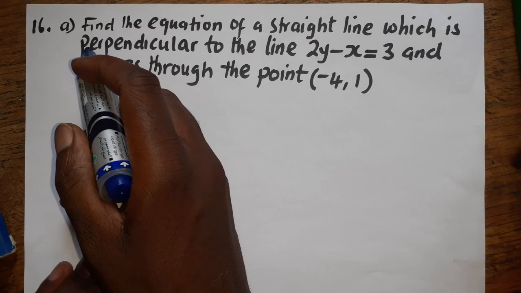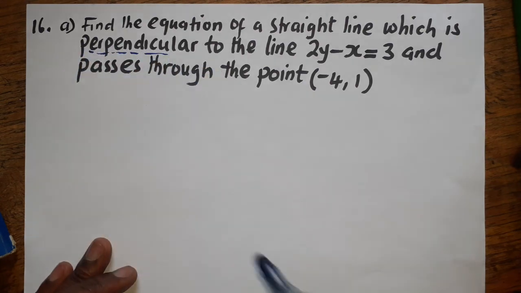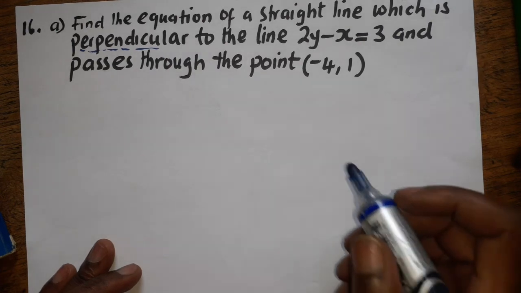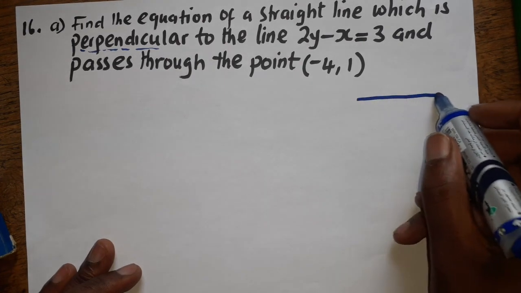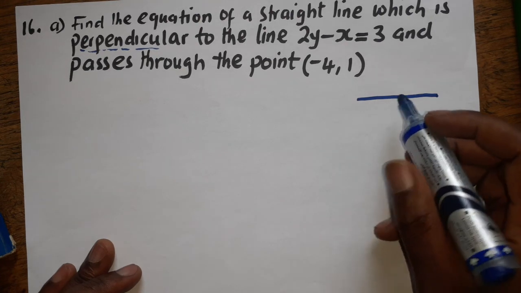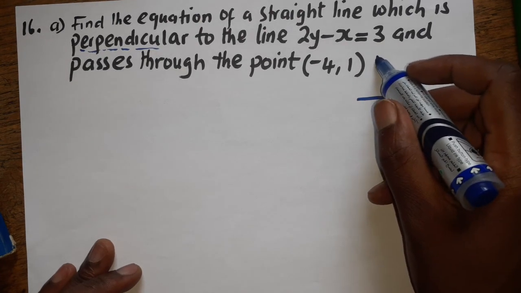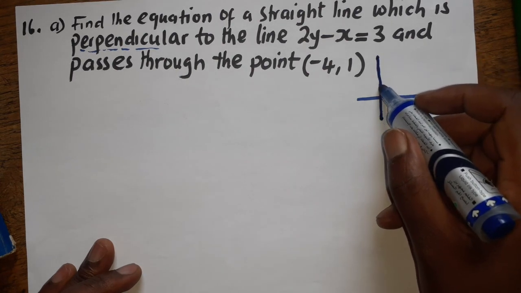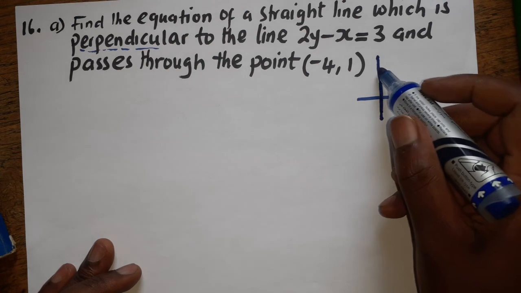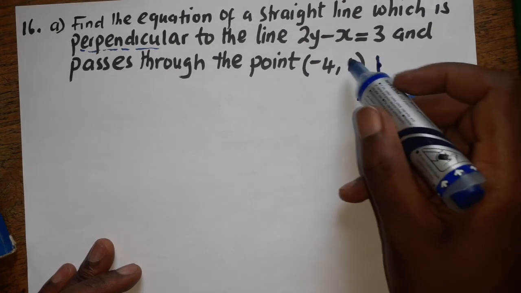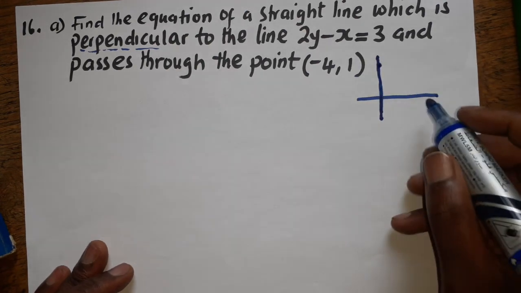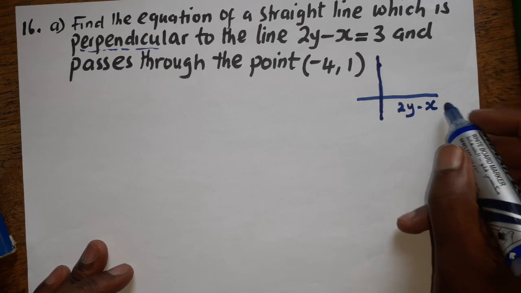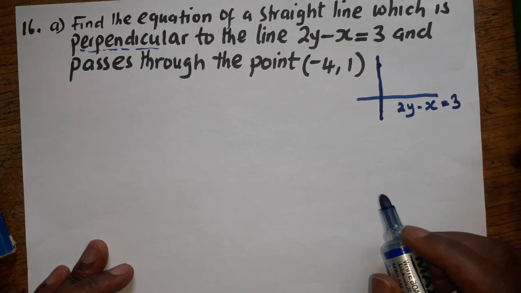The word perpendicular, very important. Okay, so we have a line, for instance. There's a line here. Now we want the equation of this line, and this line passes through this point, and it is perpendicular to 2y minus x is equals to 3.